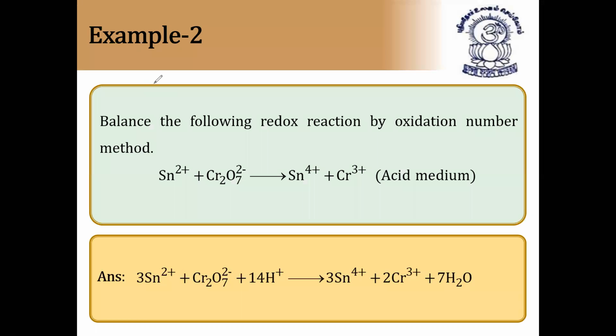Writing the question. Sn plus 2 plus Cr2O7 2 minus gives rise to, sorry, this is Sn plus 4, I believe. Okay, let us see now. Moving to the previous slide.